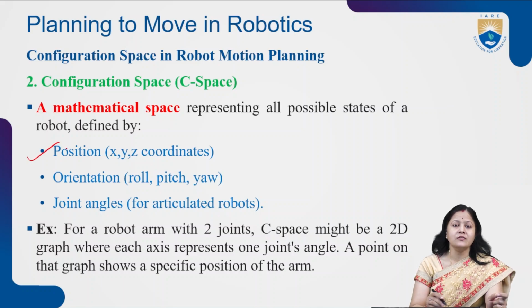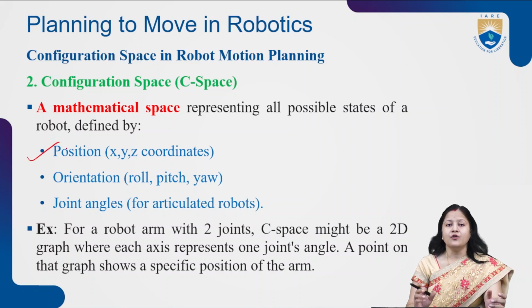First is the position of the robot using all three dimensions, the X, Y, Z coordinates, and their orientation, the angular movement of the robotic arm along the X-axis, Y-axis and Z-axis. Already I discussed in my previous class, if the rotation happens along the Z-axis, it is called yaw, if the rotation is along the Y-axis, it is called pitch, and if along the X-axis, it is called roll.